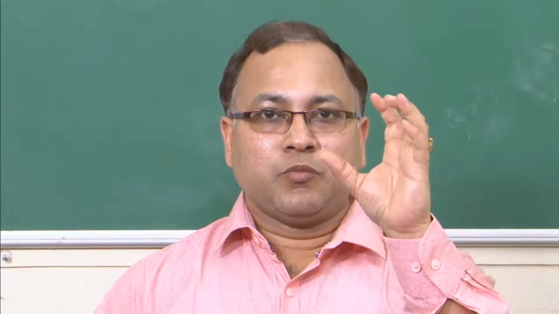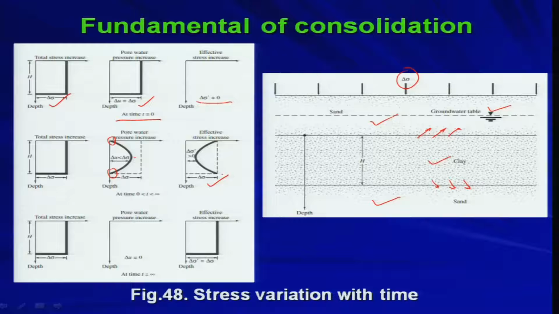Gradually the pore water pressure is reduced, whereas the same amount of effective stress is increased. That is the effective stress diagram at T greater than 0 and less than infinity.